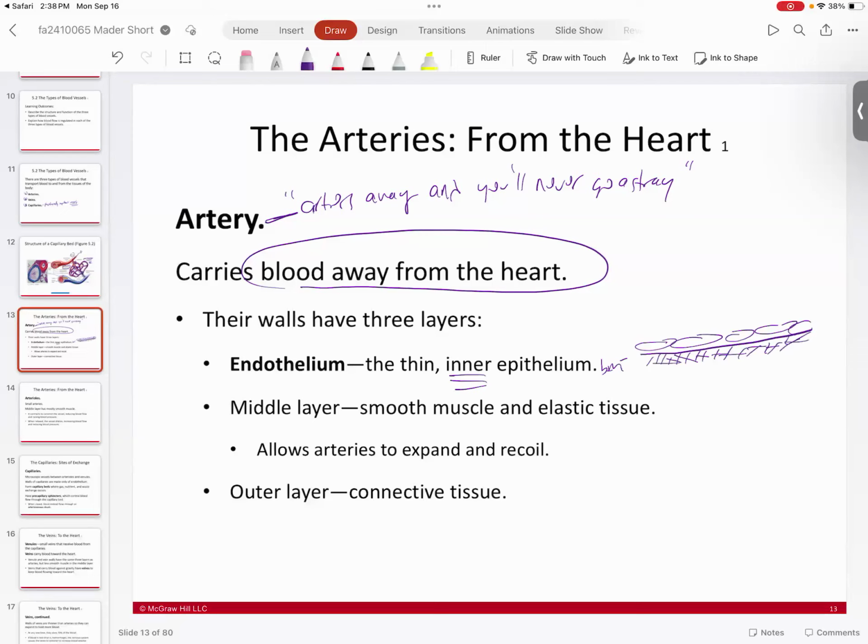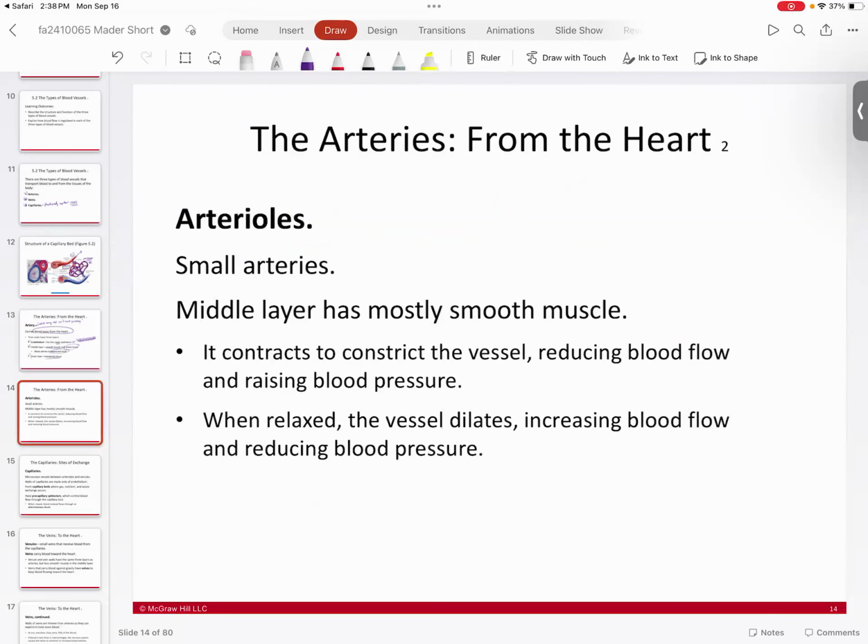So it's a very thin layer. The middle layer is smooth muscle and elastic tissue. There are elastic membranes in there. This allows for contraction and dilation of the blood vessels, but it also allows some flexibility to expand and contract. And then you have the outer layer, which is the tough connective tissue layer, which protects the artery itself.